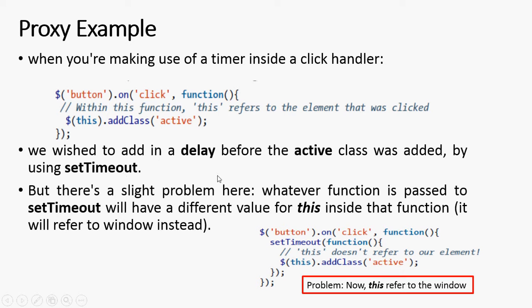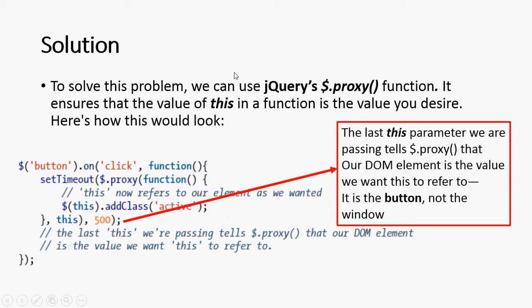But we have made a problem here, because after we add a setTimeout function, the this keyword doesn't refer to the button anymore. It refers to the window instead. So to solve this problem, we have to use jQuery's proxy function.